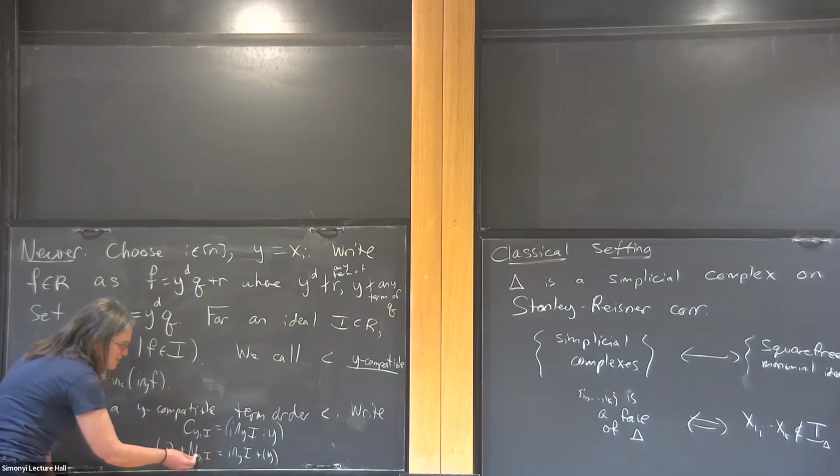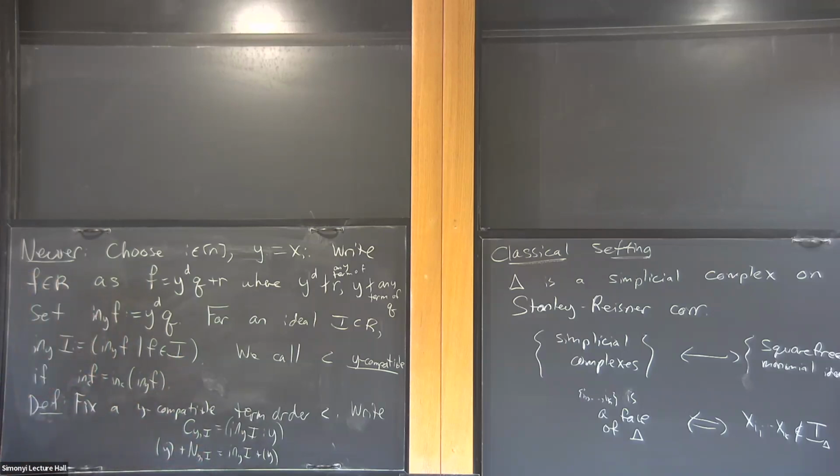So you can take this and intersect it back to the ring where y is no longer a variable. We'll give explicit generators for these in a second.